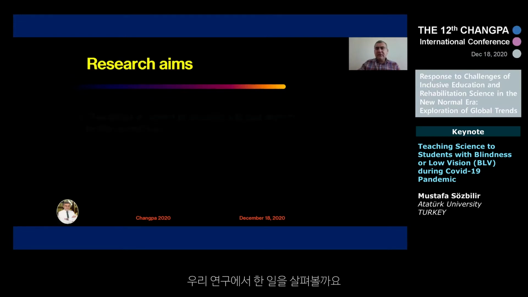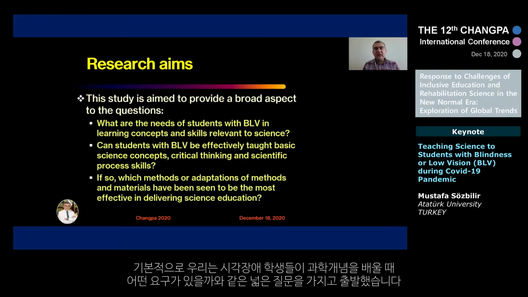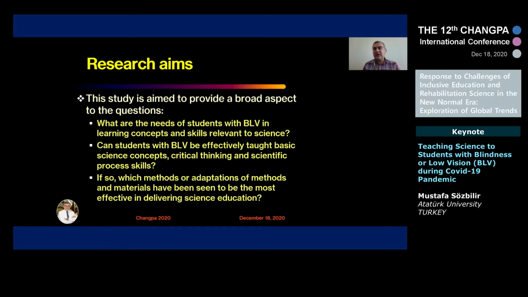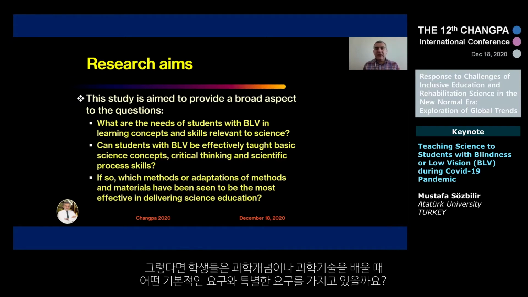So when we come to our research, we started with broad questions like: what are the needs of students with visual impairment in learning the concepts and skills relevant to science? Because science has some distinct features separating it from other subjects. So what are the basic, special needs that students have in learning science concepts and science skills?